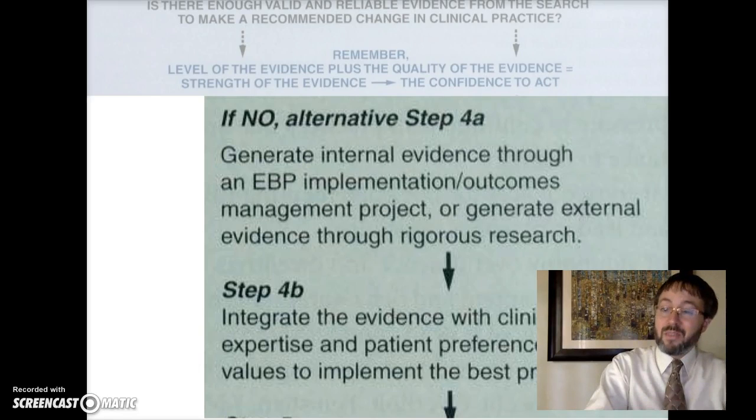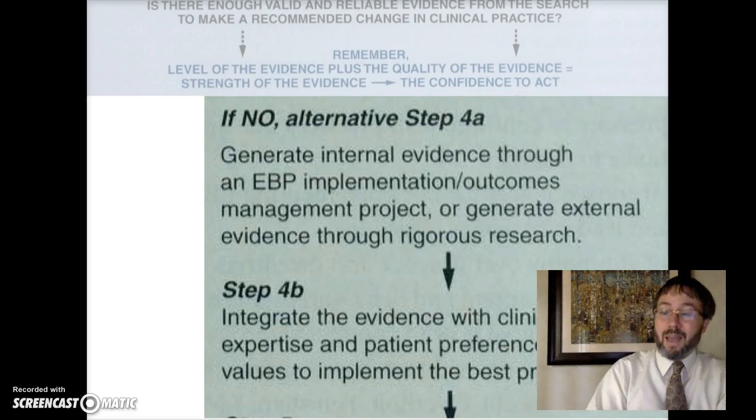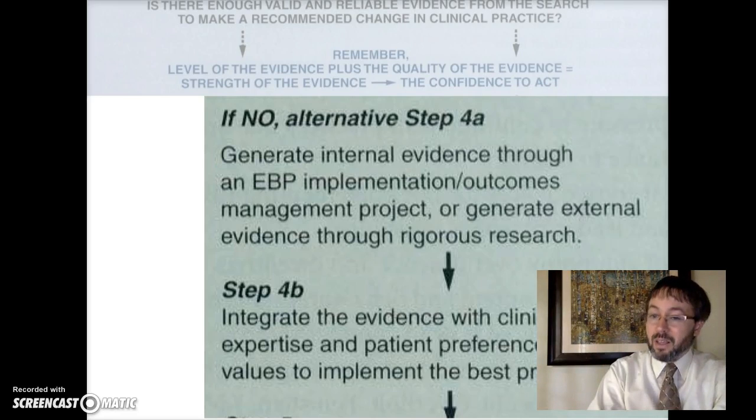On the other hand, if the evidence isn't out there, you've tapped into a ripe area for practice transformation. And you can generate that evidence either by doing an evidence-based practice implementation study at your site, making your best educated guess about what would be a better practice than at present, implementing it, and then measuring its impact on the outcome, or designing a rigorous research study yourself or partnering with research colleagues to do that.